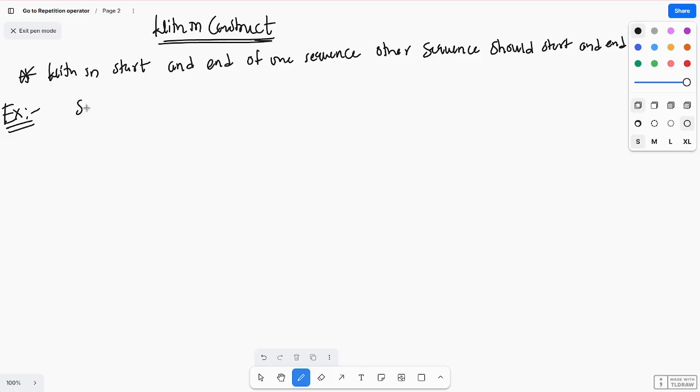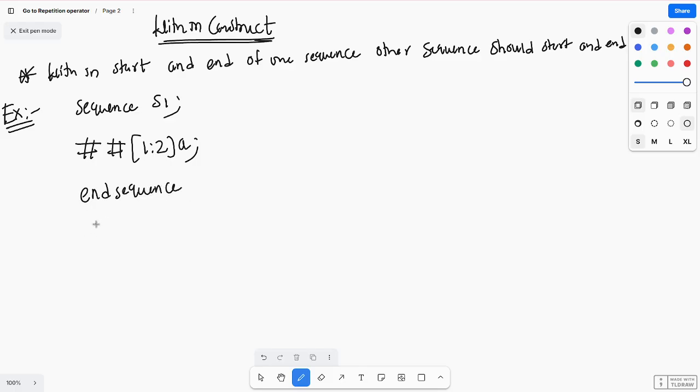Suppose sequence S1: hash 1 to 2. I'm giving the range. End sequence.